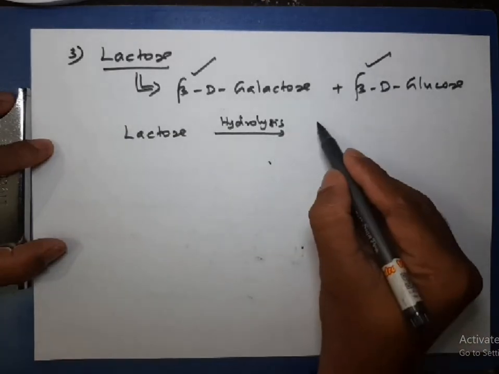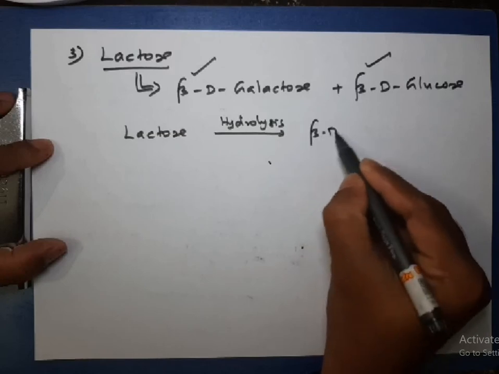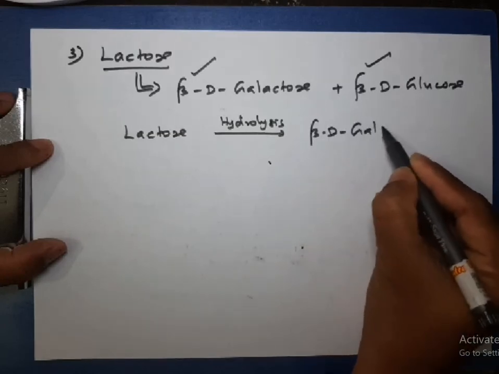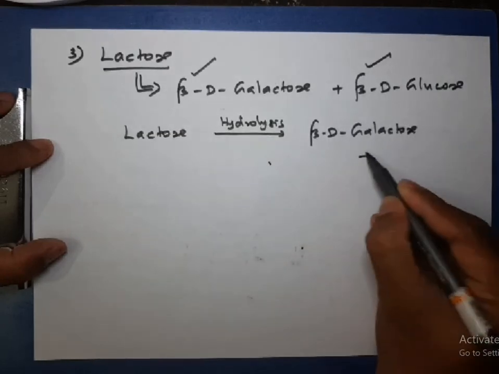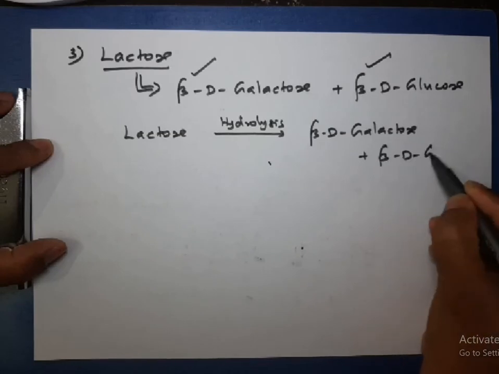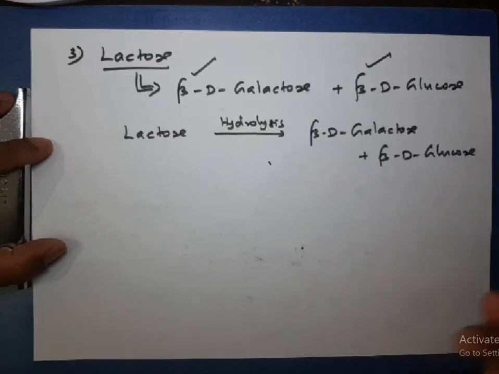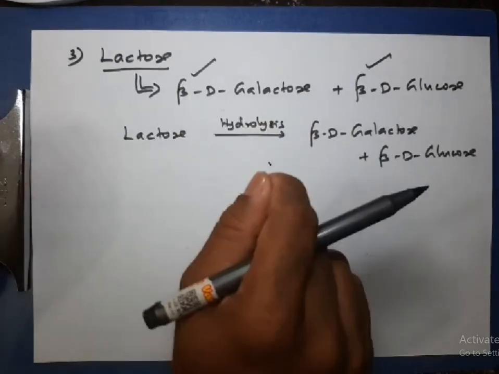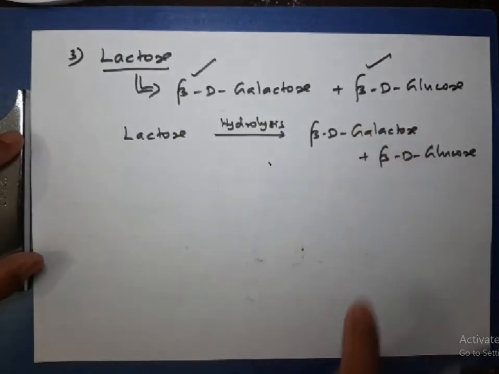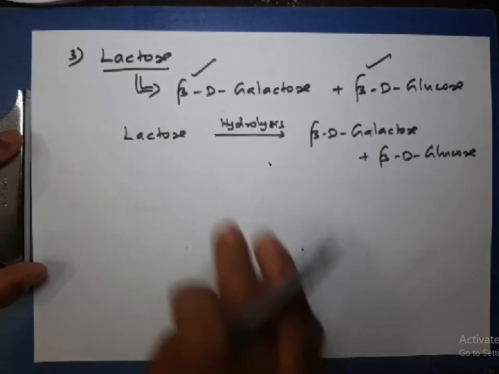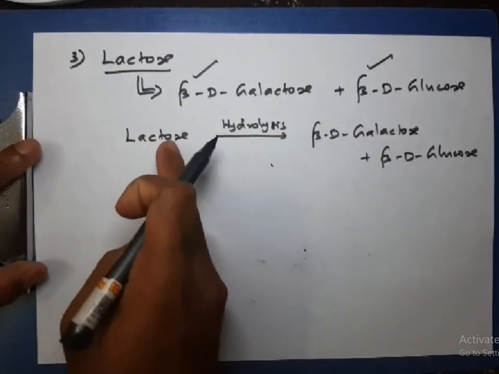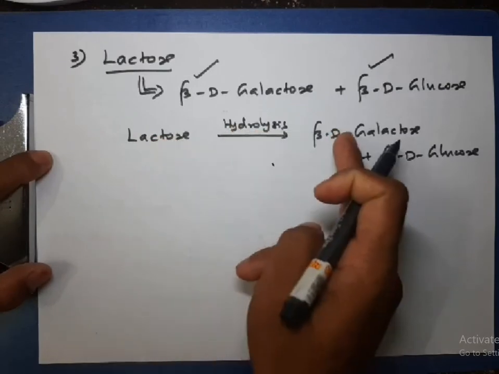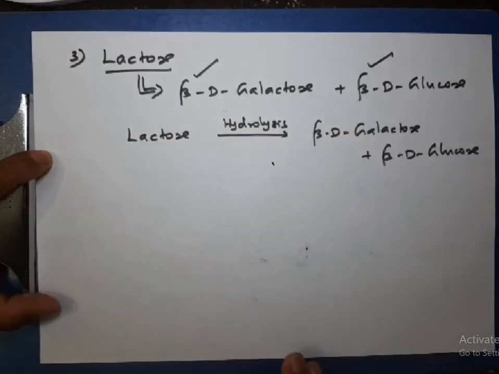I will get beta D galactose plus beta D glucose. Okay, that's the meaning. If you hydrolyze it, the glycosidic linkage will break and you will get the two monosaccharide units. Okay, so lactose is a disaccharide. Why? Because one molecule of lactose will produce two monosaccharide units on hydrolysis.